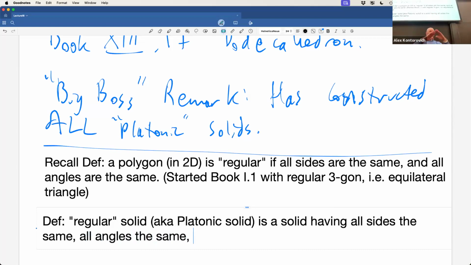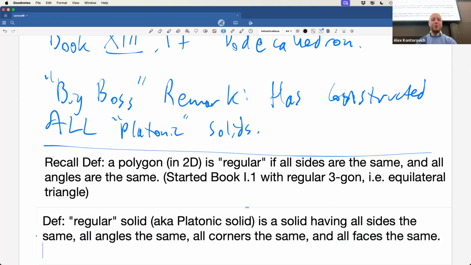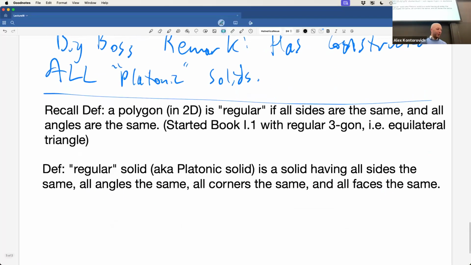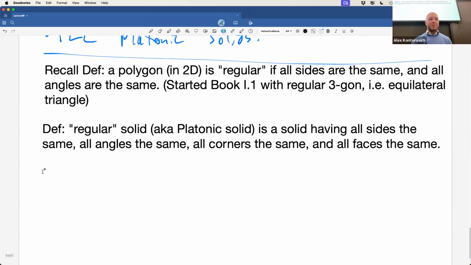That could mean both dihedral angles and all corners the same, and all faces the same. Basically, anything you can ask for the solid, I want it to be perfectly symmetric. So let's try to construct some of these.